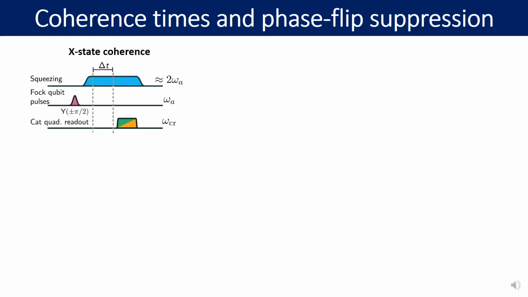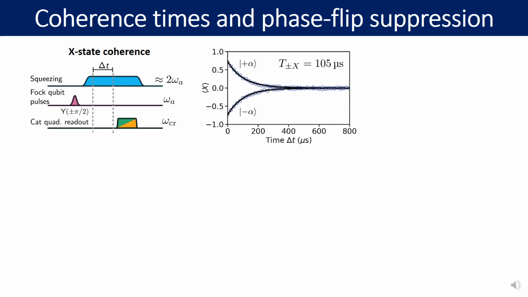First, we'll look at the X-state coherence. So what we do for this is we initialize the Fock state qubit along plus or minus x, and then we map that onto the Kerr-Cat qubit. We then wait for a variable amount of time, and then we perform this readout that I just explained to you. Here is what we get as a result of this experiment, where I'm showing you on this axis the x expectation value of the Kerr-Cat qubit as a function of time for initialization in plus alpha or minus alpha.